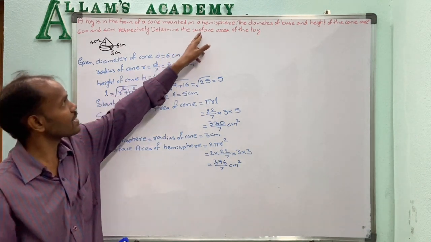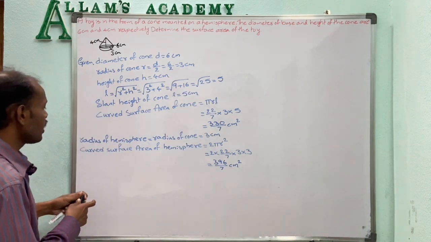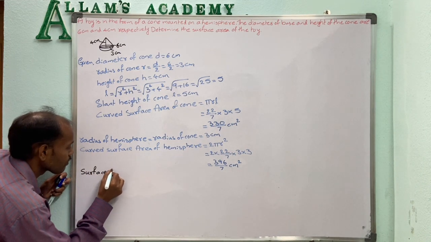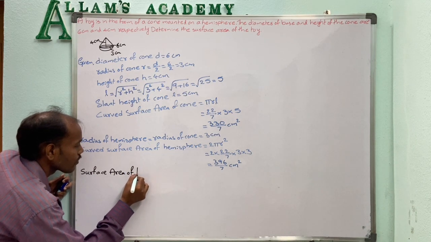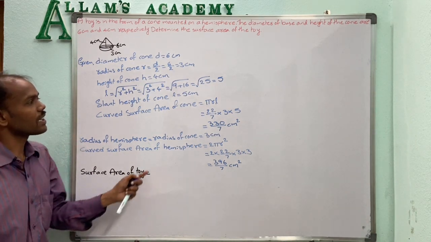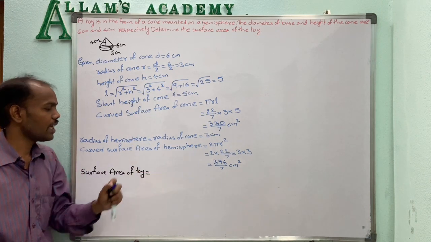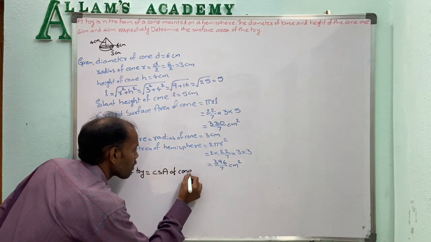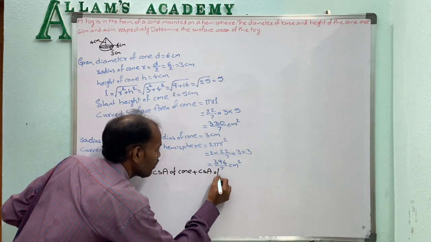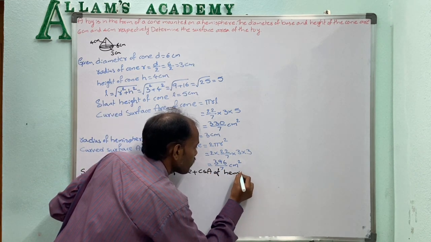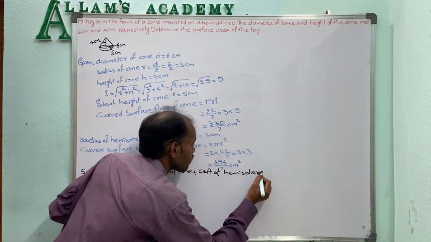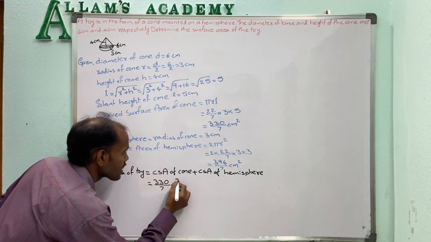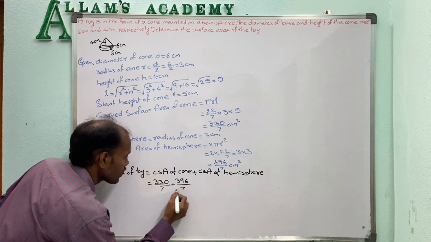But here we want to find the surface area of the toy. So the surface area of the toy is nothing but the sum of the curved surface area of the cone and the hemisphere, that is 330/7 + 396/7.